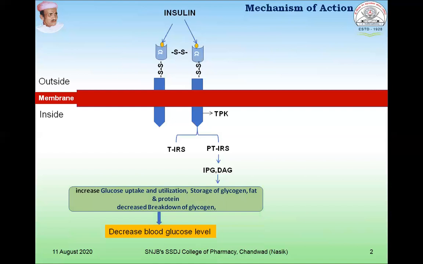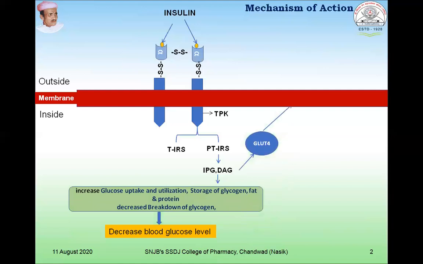Once these secondary messengers produce the effect, insulin produces increased glucose uptake and utilization by the cell, storage of glycogen, and increased fat and protein synthesis. Side by side, it also causes decreased breakdown of glycogen. Overall, this mechanism leads to decreased blood glucose level.